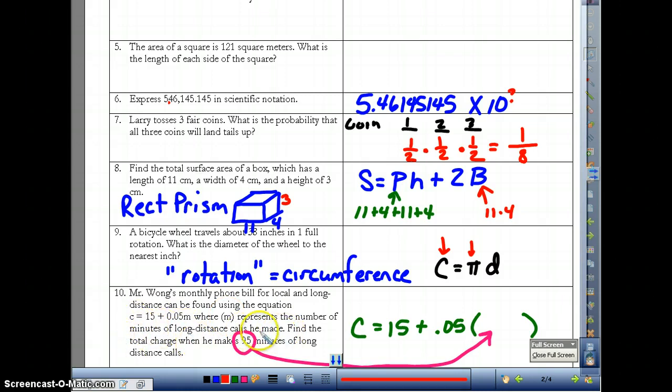Find the total charge when he makes 95 minutes of long distance calls. All right, well, 95 minutes is your M. Put 95 in here, multiply by this. Last step is to add 15. That'll give you the total charge. And that's day 5.